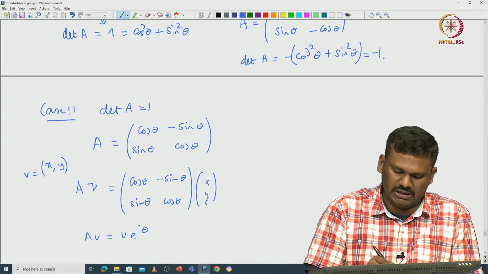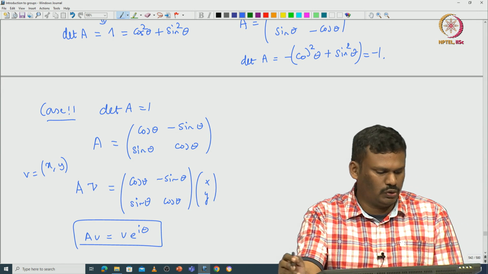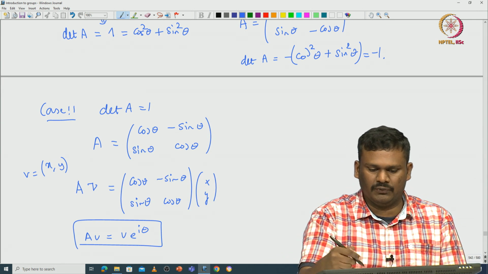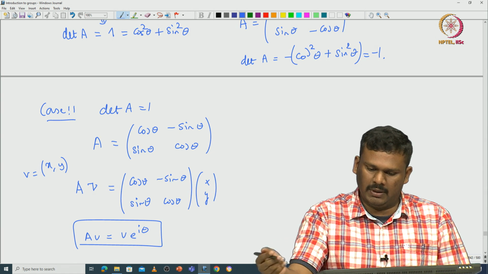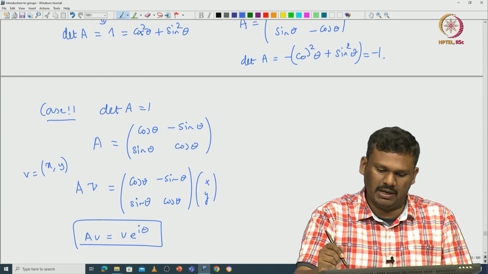Okay. So, this is going to be the rotation. I will leave it to you to check, from the pictorial point of view, what exactly multiplying by A does.